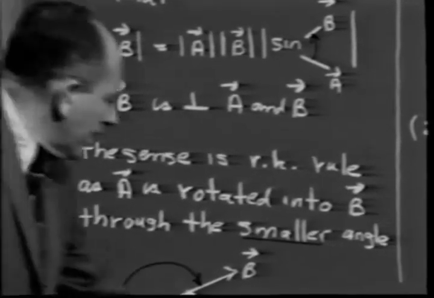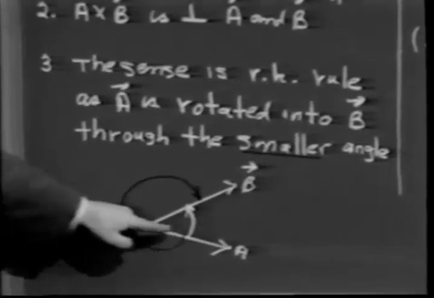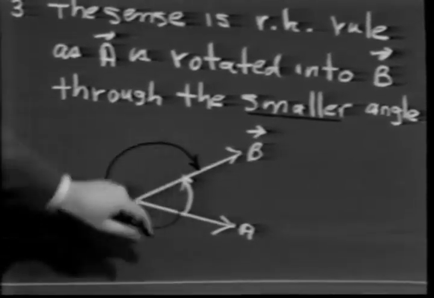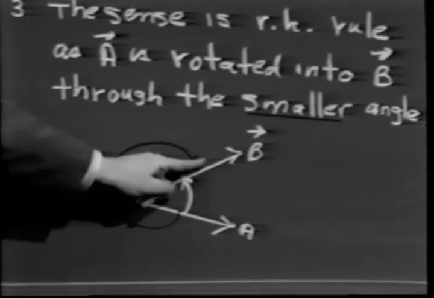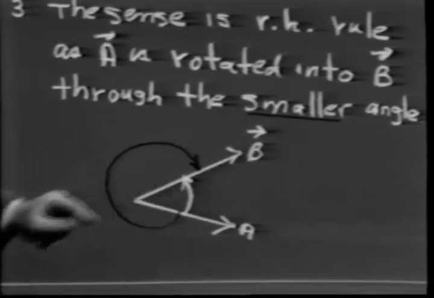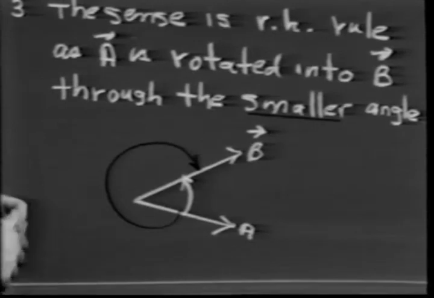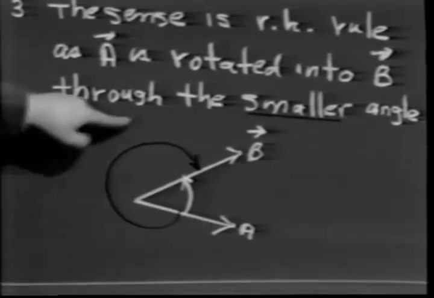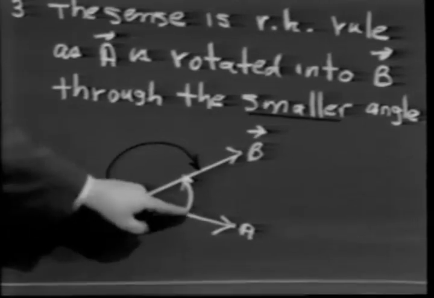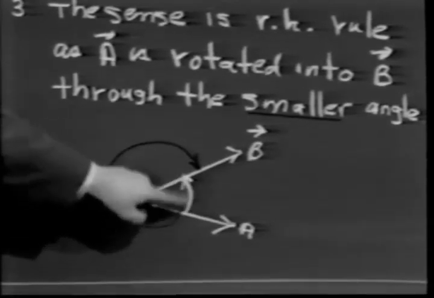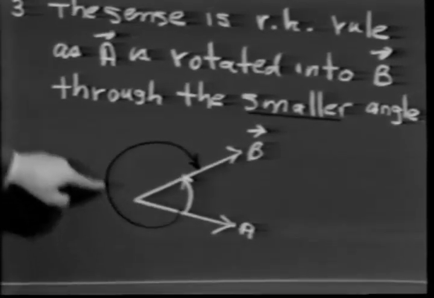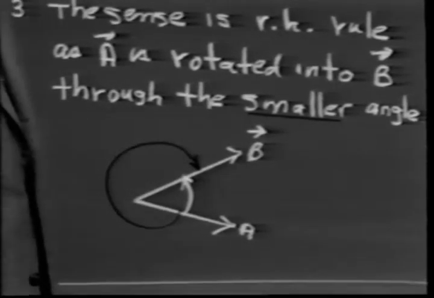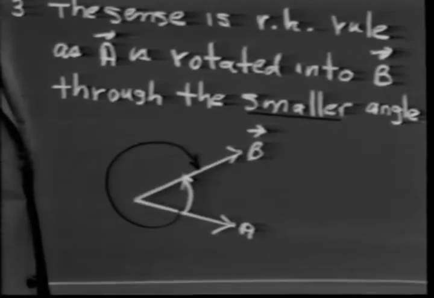You see, notice that this sense is going to depend on it: if you rotate A into B, you get the opposite sense than if you rotated B into A. And not only that, but if you rotate A into B through the larger of the two angles, notice that rotating A into B through the smaller one gives you a different sense than rotating A into B through the larger of the two angles. So there's a certain ambiguity that comes up here.